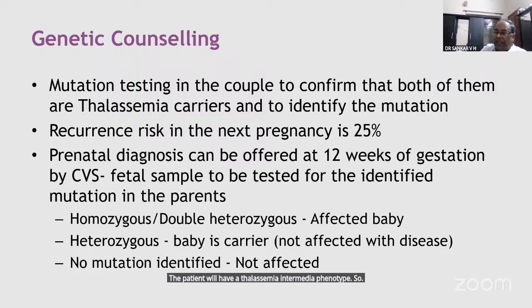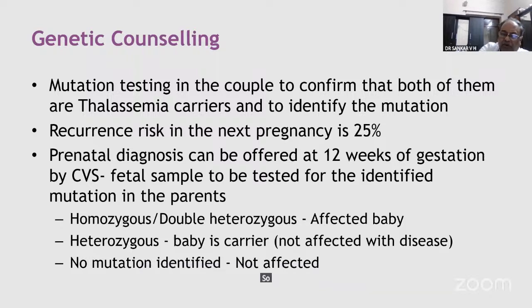That is why we are saying we have to confirm the disease in the proband ideally. If the proband has the same disease, we expect the same phenotype in this patient. We are not expecting a different phenotype, because there also it was thalassemia major, so here also it should be thalassemia major. And depending on what type of mutations, if we know it is a thalassemia intermedia mutation, we will check it out.